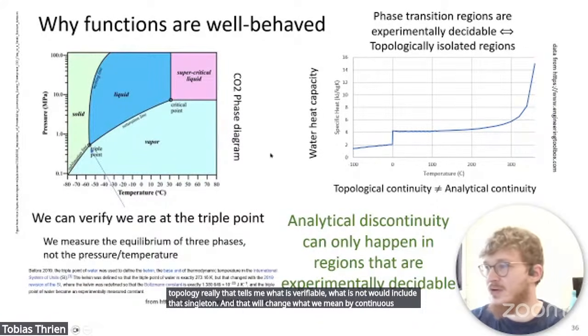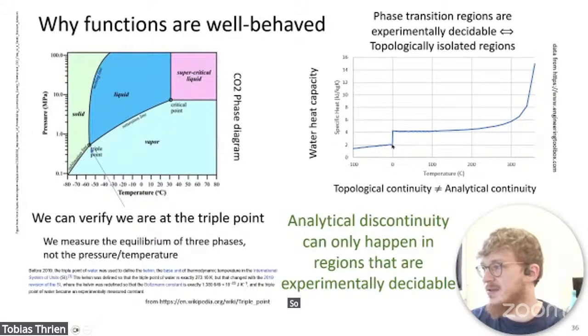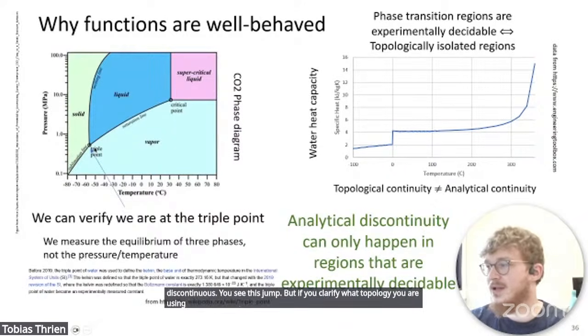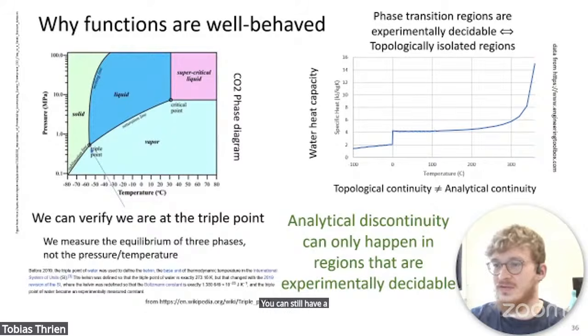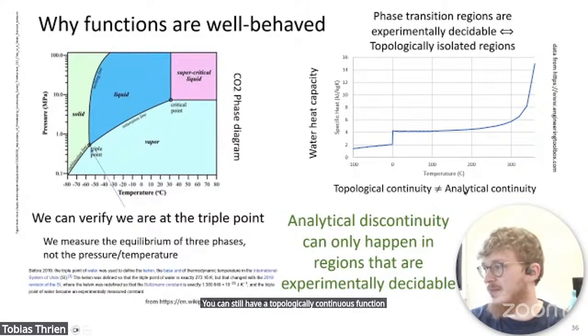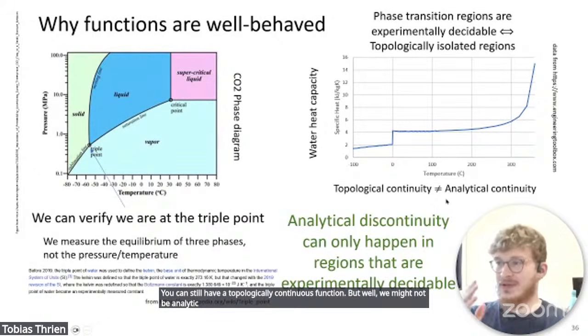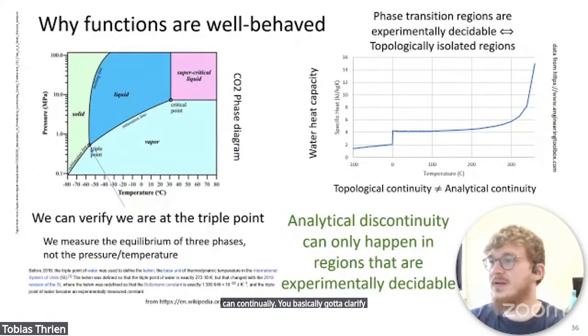Then it's not really surprising that in the standard topology it's discontinuous. You see this jump, but if you clarify what topology you are using, you can still have a topologically continuous function, although it might not be analytic. You basically have to clarify which topology is the correct one.